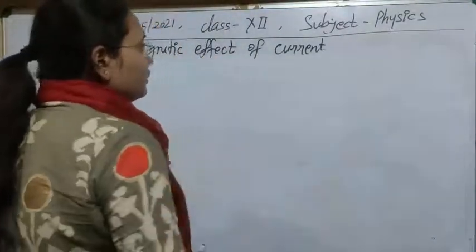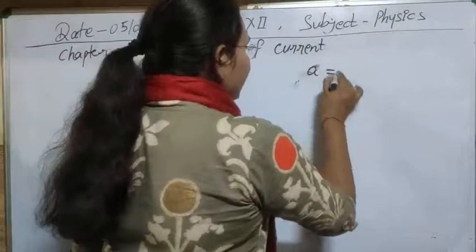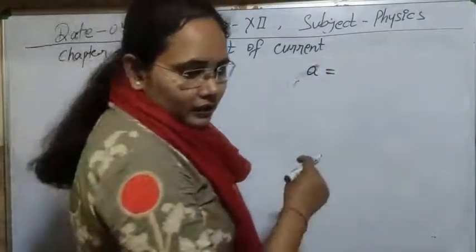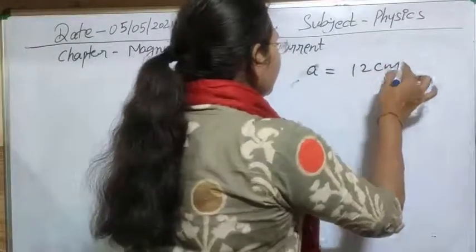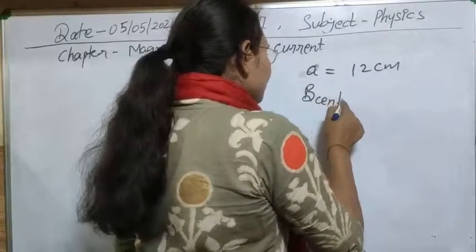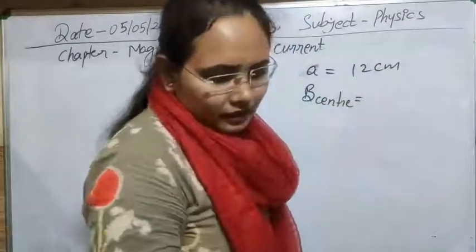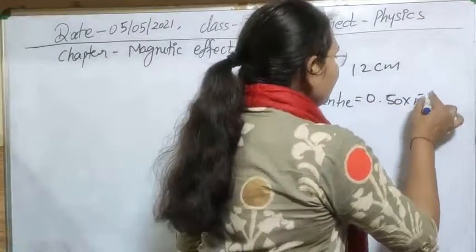A is the radius, and its value is 12 centimeter. Also the magnetic field at the center is 0.50 into 10 to the power minus 4 Tesla.